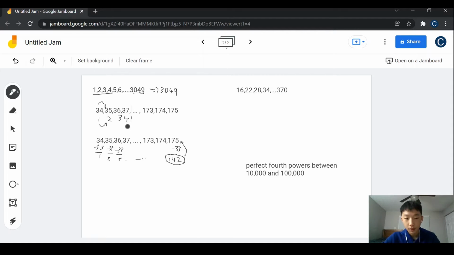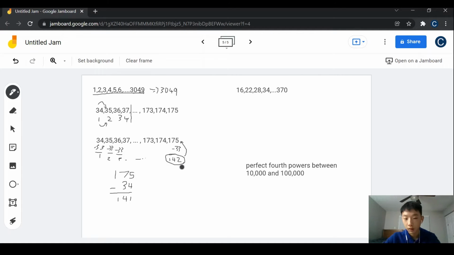So we can also generalize this by looking at subtraction. So if we do 175 minus 34, which you could have thought of earlier on, we actually get 141, which is not equal to 142, obviously.